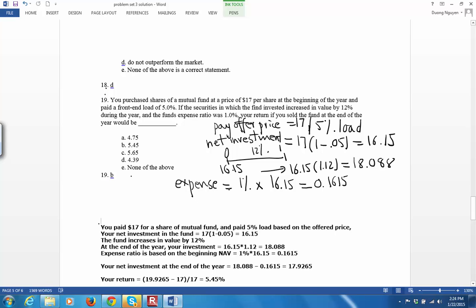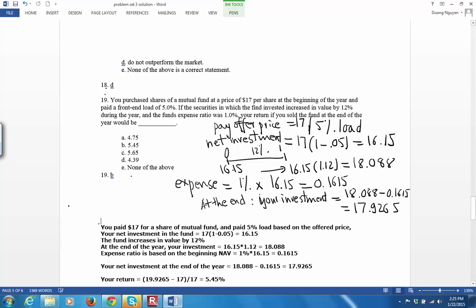So the ending value of your investment at the end of the year equals 18.088 minus 0.1615, which is the expense.